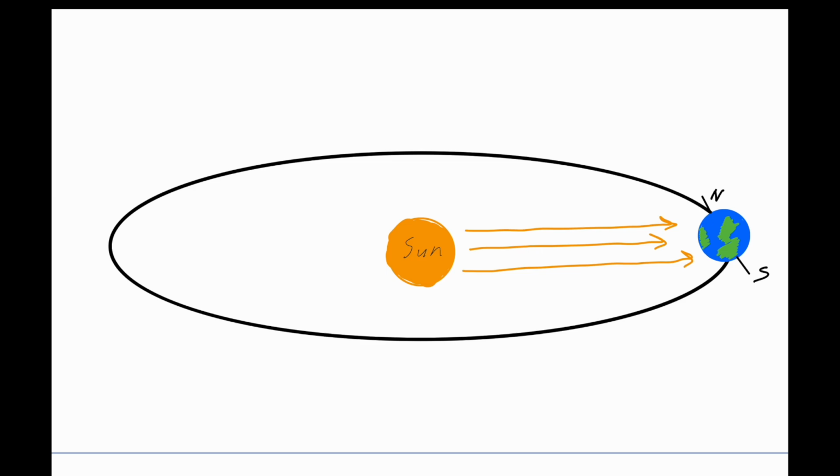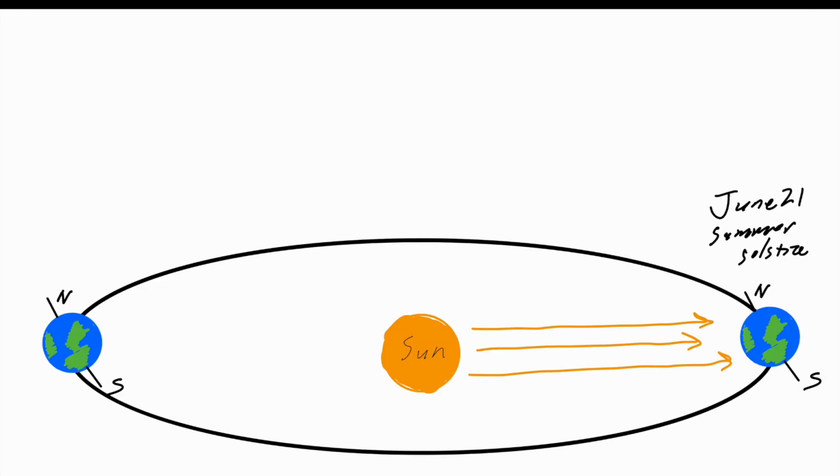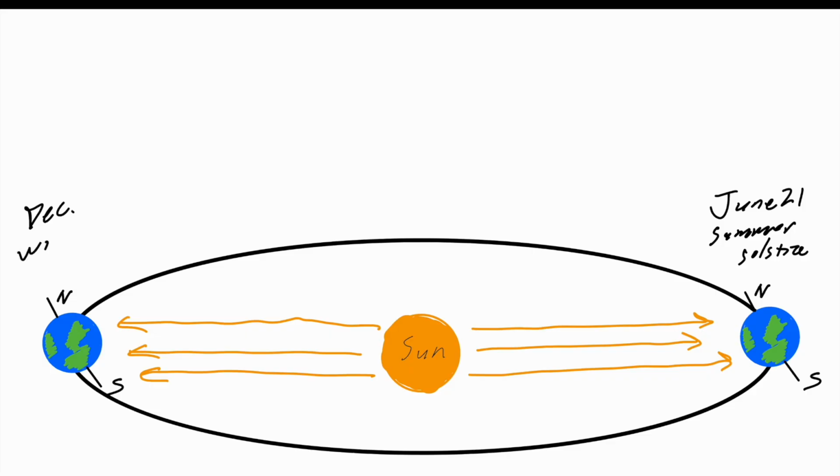And that's usually around June 21st or so. When the Earth is on the other side, then you can see that the sun's rays are hitting the southern hemisphere most directly. And this is our winter. So when the North Pole is pointed away from the sun, this usually happens around December 21st. And that's what we call our winter solstice.